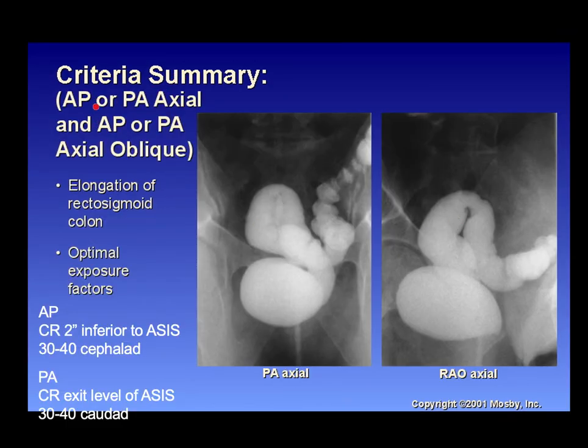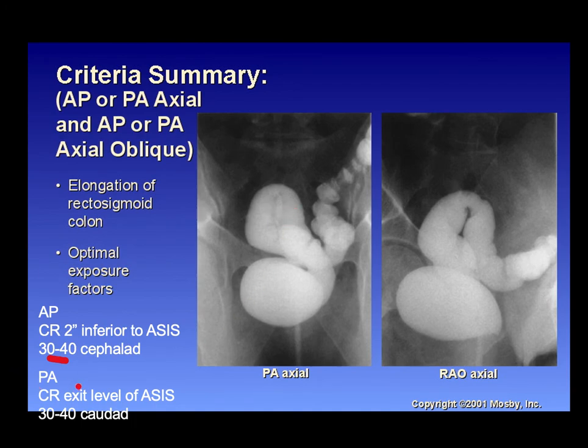So criteria for AP or PA axial, AP or PA axial oblique. In case you need to do an oblique, usually it's just an AP axial sigmoid, usually. Just depends on where you're at. So you want to elongate the rectosigmoid colon, okay? So AP, your central ray is 2 inches inferior to the ASIS, and it's 30 to 40 degrees cephalic.